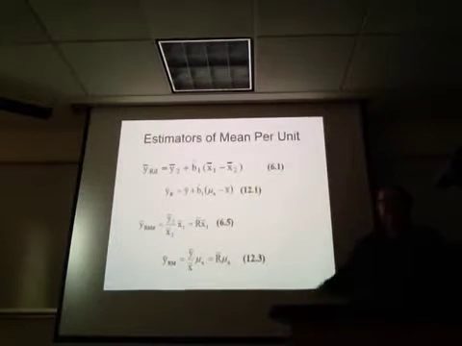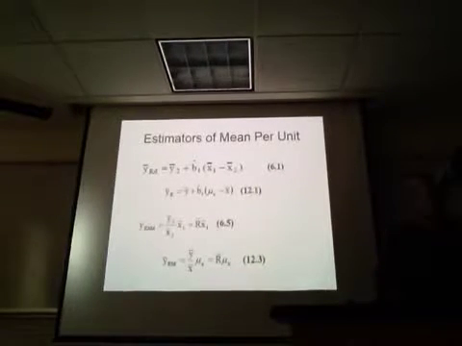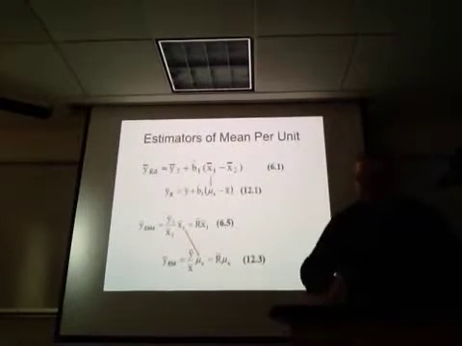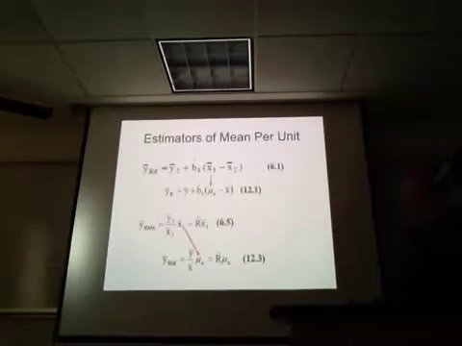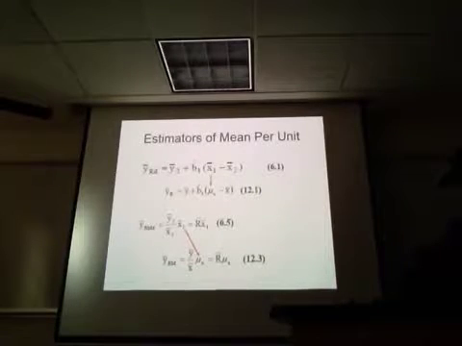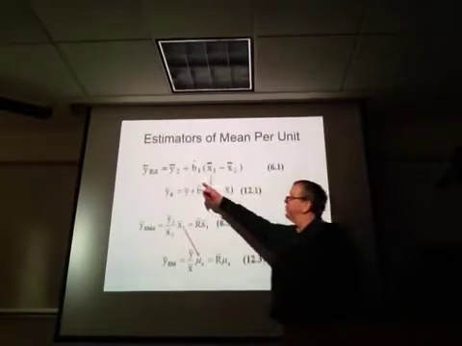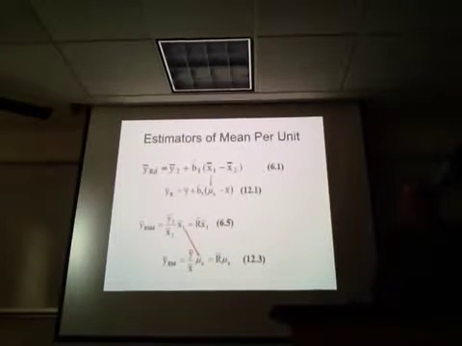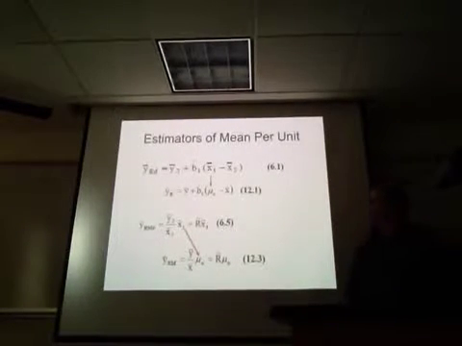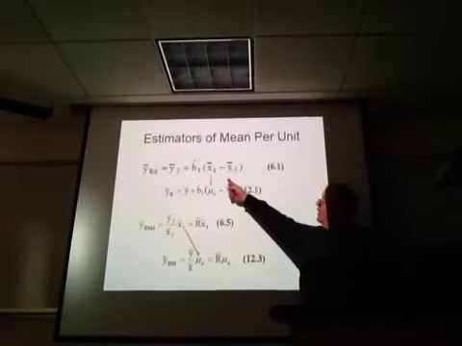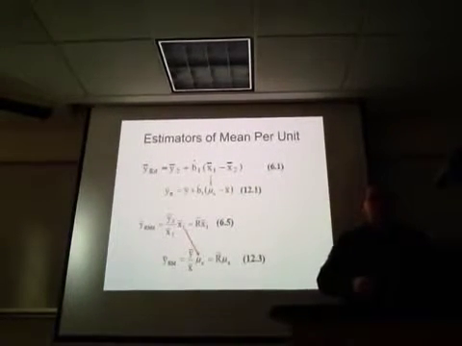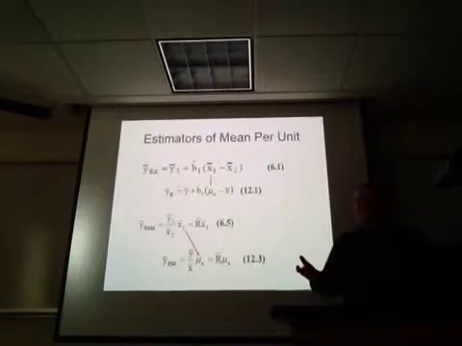Don't these new estimators look kind of similar? Well, I see I put a 2 on here, but I didn't need to. The only difference between 6.1 and 12.1 is that I substituted x bar 1 for mu of x, because that's why I'm doing this, right?